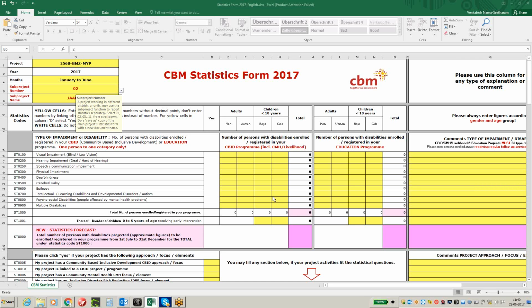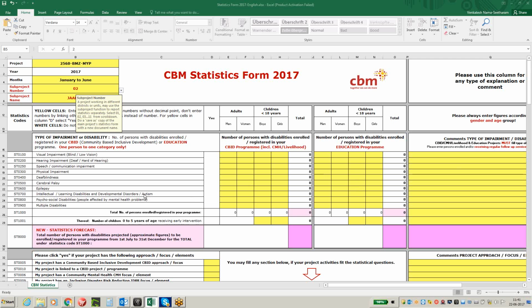This is related to the first section, the top section. If you have any questions, otherwise I can move on.